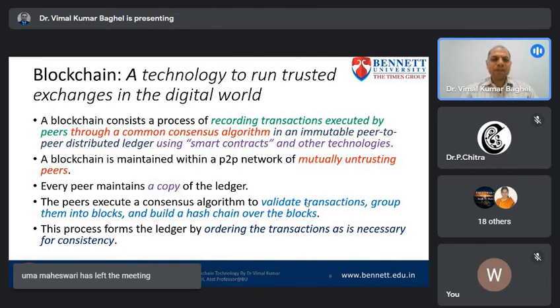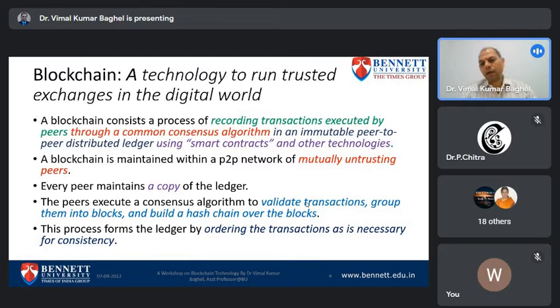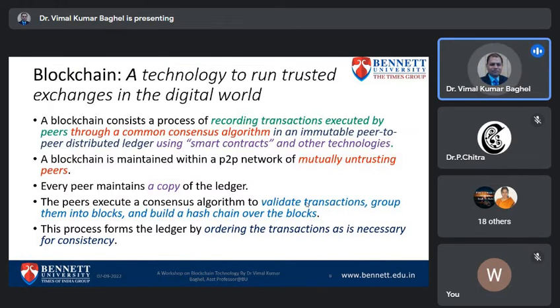Every peer basically maintains a copy of the ledger. That means the ledger copies are stored on every node, and the peers execute a consensus protocol that validates the transactions, groups those transactions into blocks, and builds a hash chain over the blocks. This hash chain is what makes the blockchain secure.